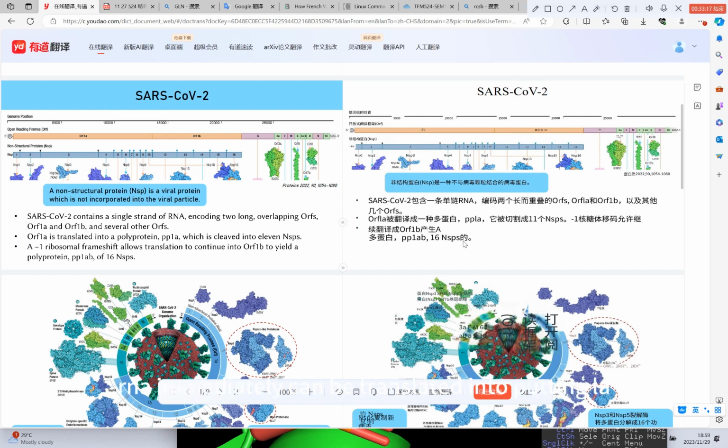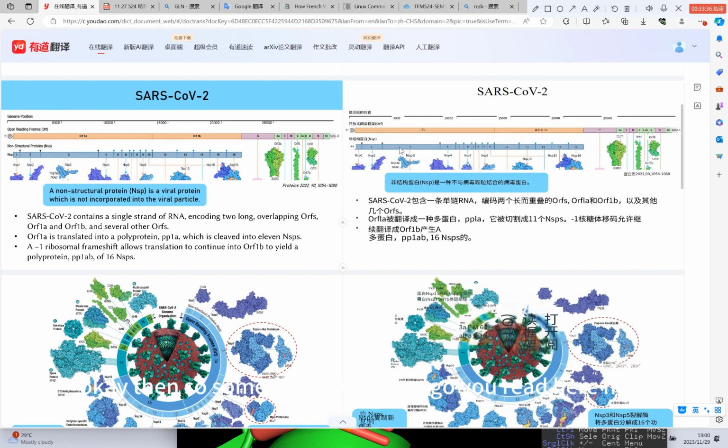Okay, so this is the RNA. So RNA immediately can be translated into protein. So when the ribosome reads this one, the ORF1A is first read until here, and it will generate this polyprotein with 11 proteins inside.